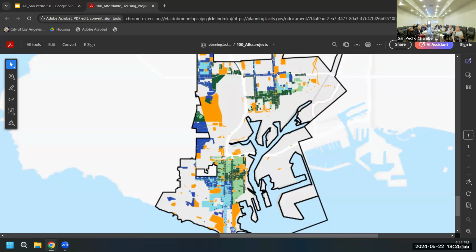Not according to some of our riders, where it can take them like 40 minutes to get to downtown San Pedro from Western Avenue if the DASH bus isn't running in an efficient manner. I know there's opportunity zones on Western, I get that. But if we have opportunities like Pacific Avenue that meet a variety of needs, is it possible to prioritize that over Western Avenue?